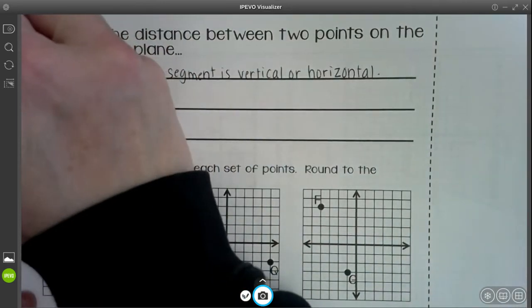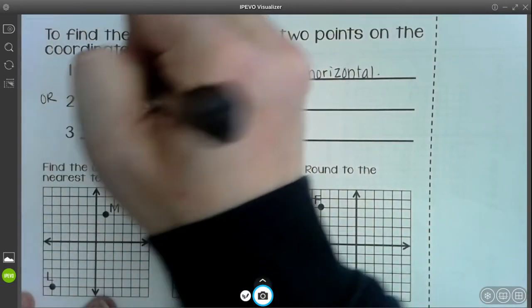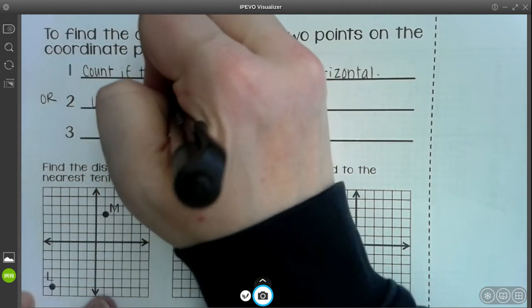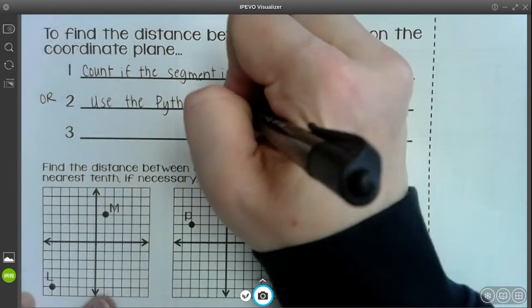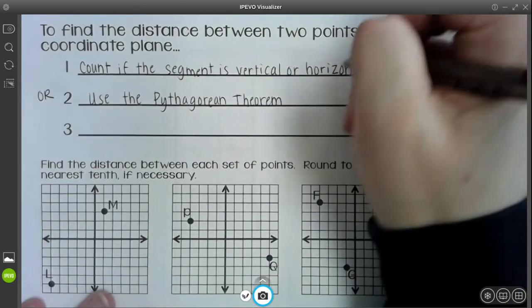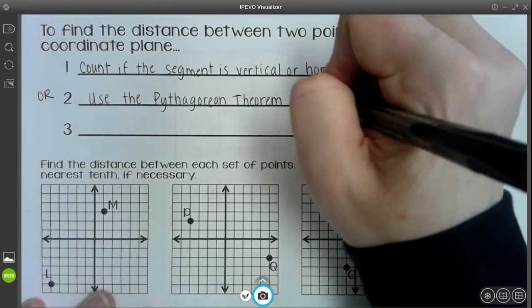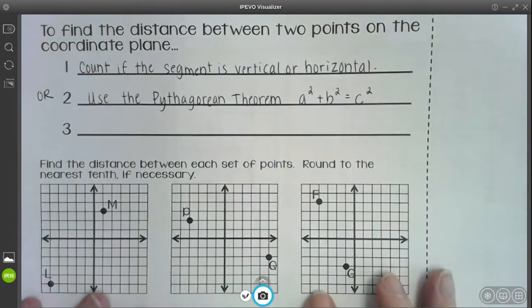Okay, another way that we could do this is we could actually use the Pythagorean theorem, which is back a couple of chapters. And that again is a squared plus b squared equals c squared.